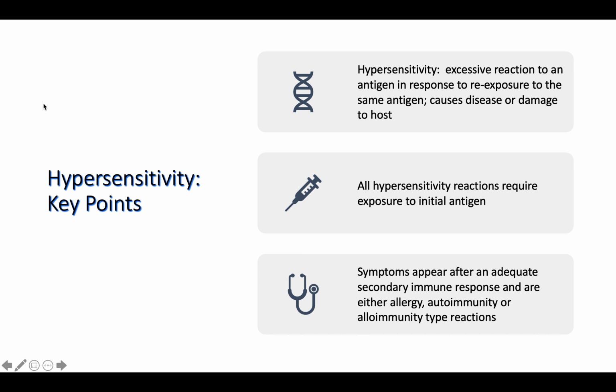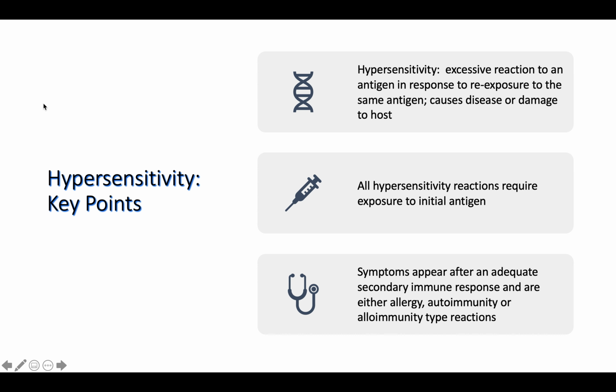So, some key points: hypersensitivity is an excessive reaction to an antigen. We already said that. In response to re-exposure to the same antigen, it causes disease or damage to the host. So it has to be in response to something that has already come into the body. The first time it comes in, the body says, wait a minute, I don't want to recognize this.